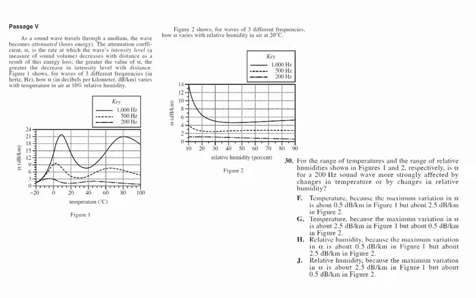Question 30. For the range of temperatures and the range of relative humidities shown in figures 1 and 2, is the coefficient for 200 hertz sound wave more strongly affected by changes in temperature or humidity? So the 200 hertz sound wave is this one, and that's what we're looking at.